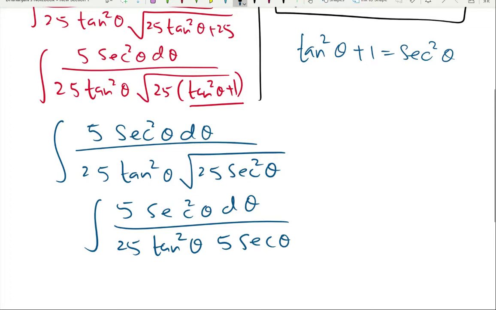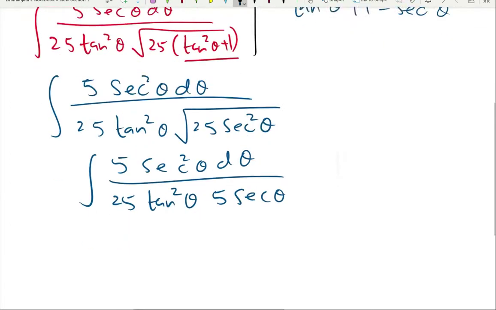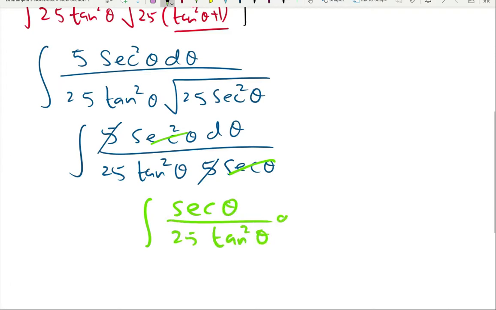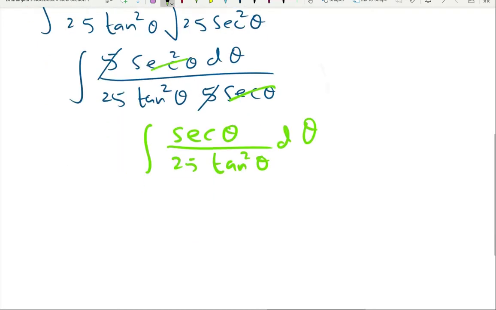Right, now let's simplify this as much as possible. 5 cancels out, one secant theta cancels out, so what we are left with is secant theta over 25 tangent square theta. Now how are we going to integrate this? Well, we are not comfortable with having secant and tangent in the denominator and numerator. Seems too complicated. Let's convert them into sine and cosine.